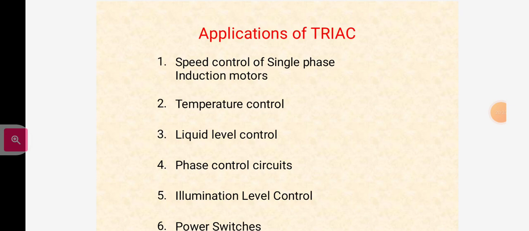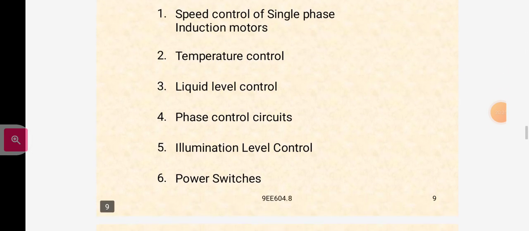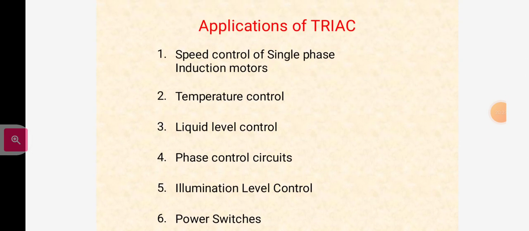Here the triac is applied in a few circuits. The applications of the triac are speed control of a single phase induction motor.